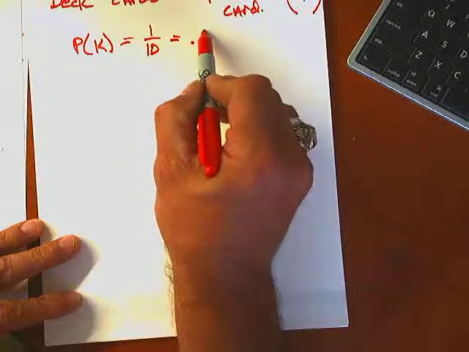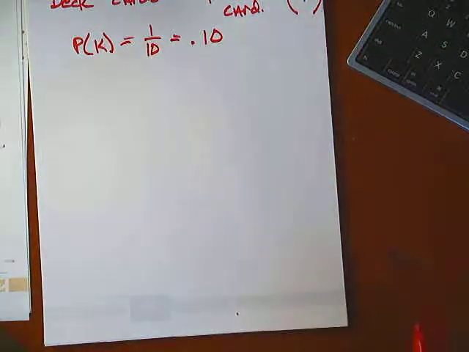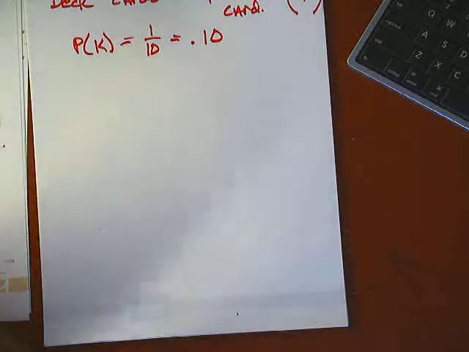And you do this 10 times. You don't pick 10 cards out. You pick a card, put it back in, shuffle the deck 3 or 4 times, pick another card, shuffle the deck 3 or 4 times, put it back. You do that 10 times. And let's say you picked a king 1 out of 10 times. That's equal to 0.1.